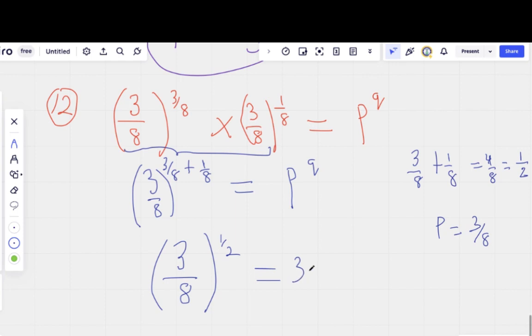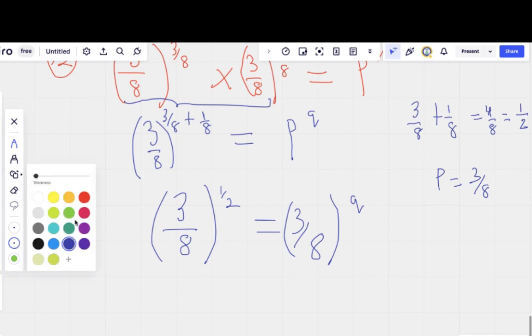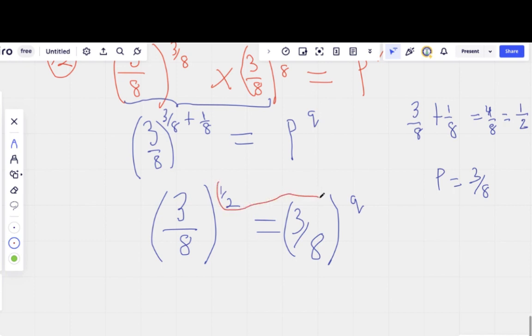So I write 3 over 8 here, raised to power Q. We don't know what Q is, we're going to find Q. Now, since the two bases are the same, we equate the power. So Q will be equal to 1 over 2, while P is equal to 3 over 8.